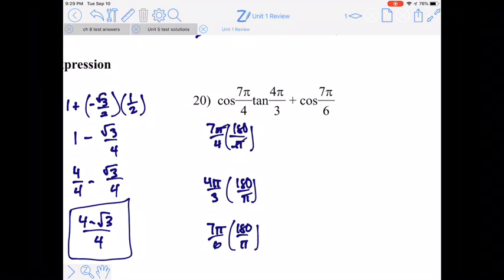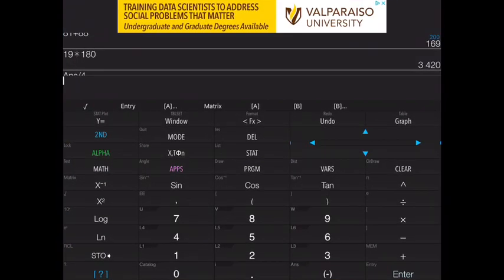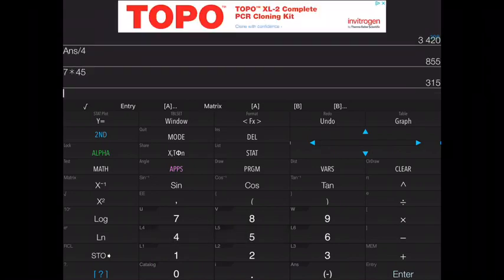So for this one, 4 goes into 180 45 times. So we need 7 times 45. That's 315.